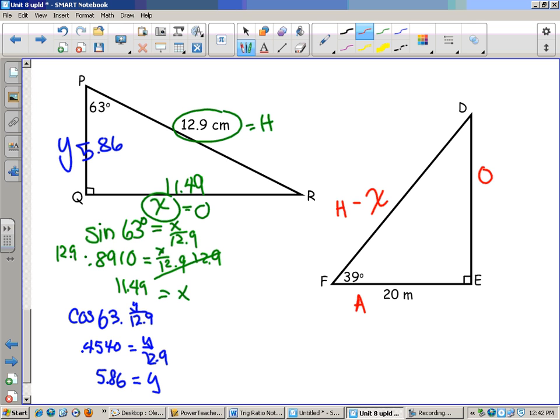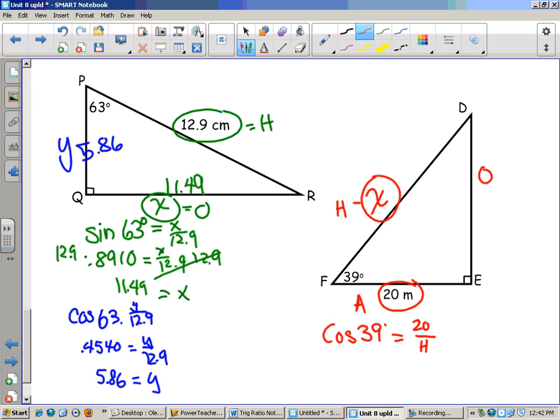Okay, so if I'm looking for this one and I have this one, what trig function combines adjacent and hypotenuse? Cosine. So I do cosine of 39 equals opposite or adjacent over hypotenuse.